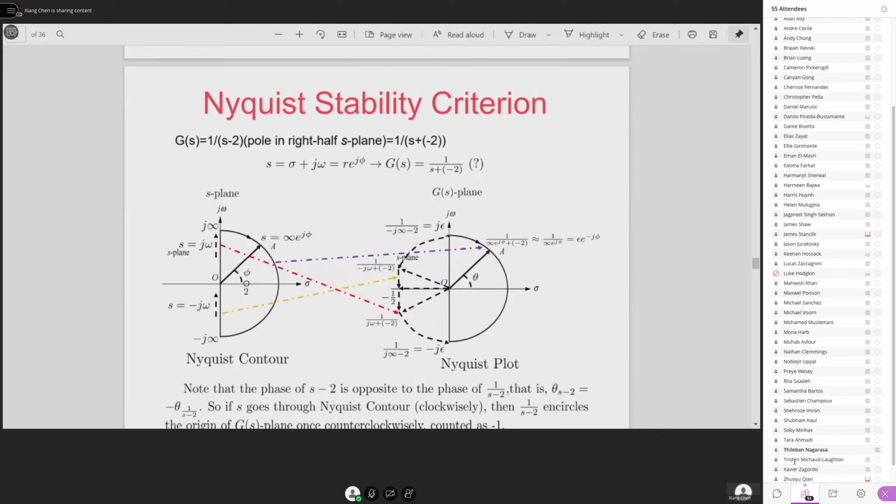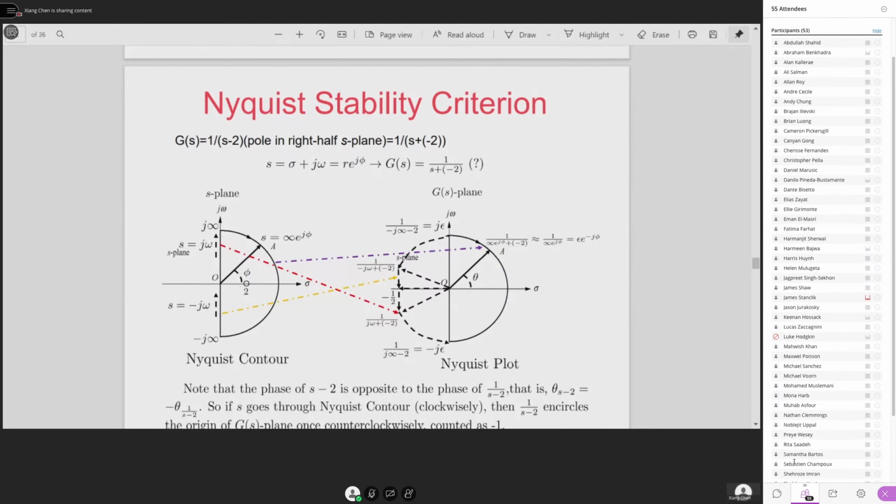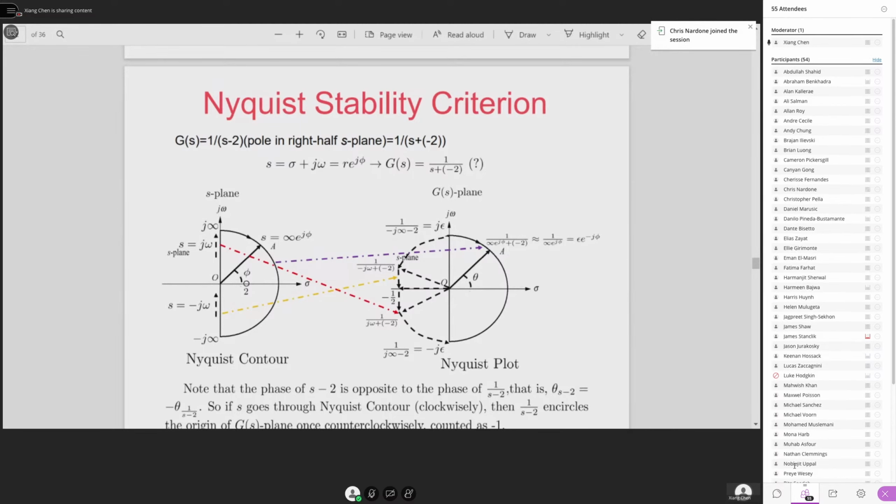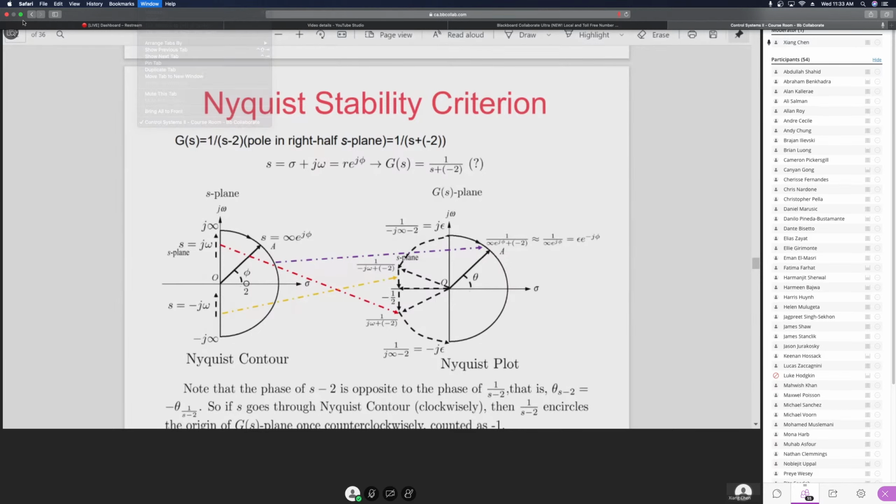Okay, simply to say, if you have zeros in the left half plane and poles in the left half plane, then the Nyquist plot will not have any encirclement around the origin in the G of S plane. If you have zeros and poles in the right half plane, then you're gonna see the encirclement around the origin on the G of S plane.